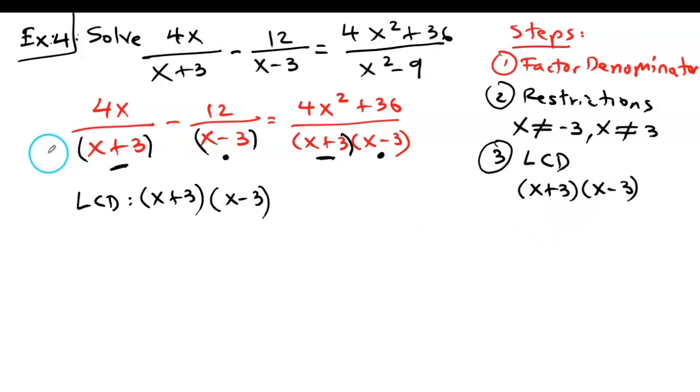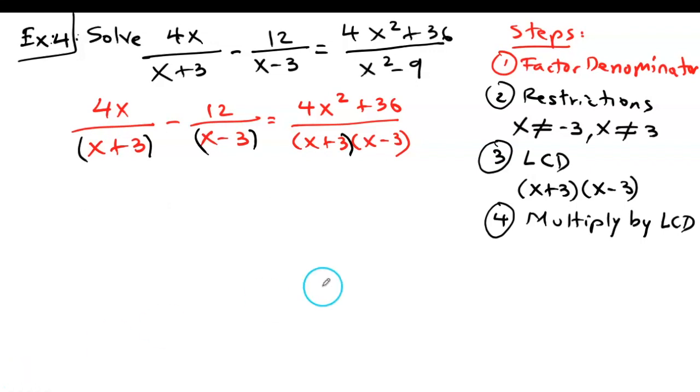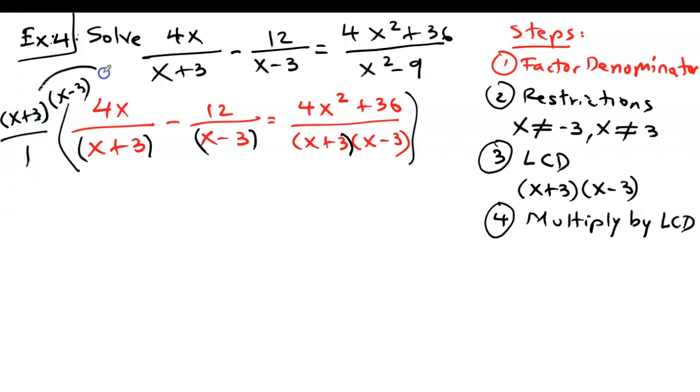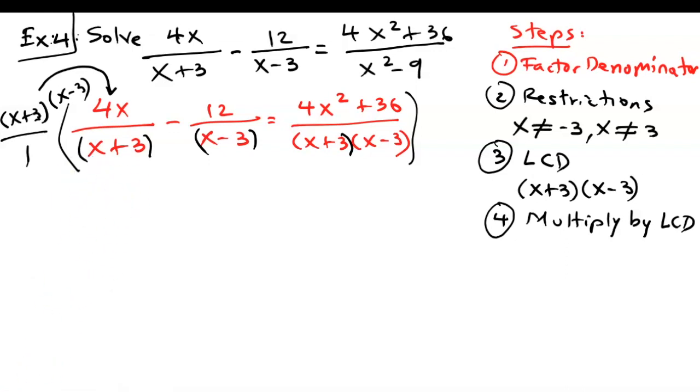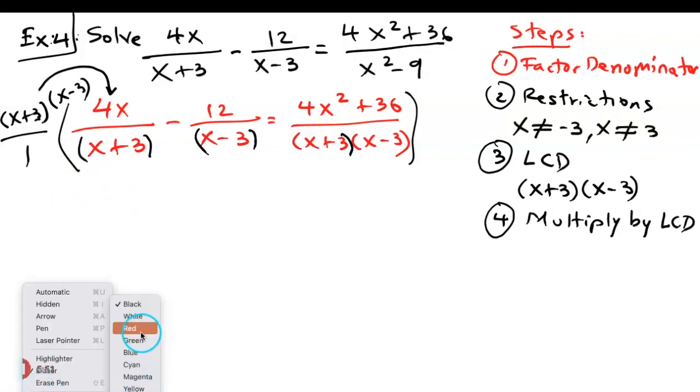Now what do we do? Multiply the whole thing by this. So let's erase. Now we multiply the whole equation by my LCD, which is x plus 3 times x minus 3, all divided by 1. Top with top, so I'm going to have 4x, and we need a lot of space.